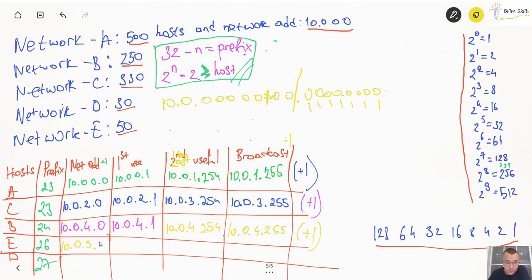It is 5 and 0, and we know that we have to find this prefix, right? So prefix number 26 is located in the last octet, right?